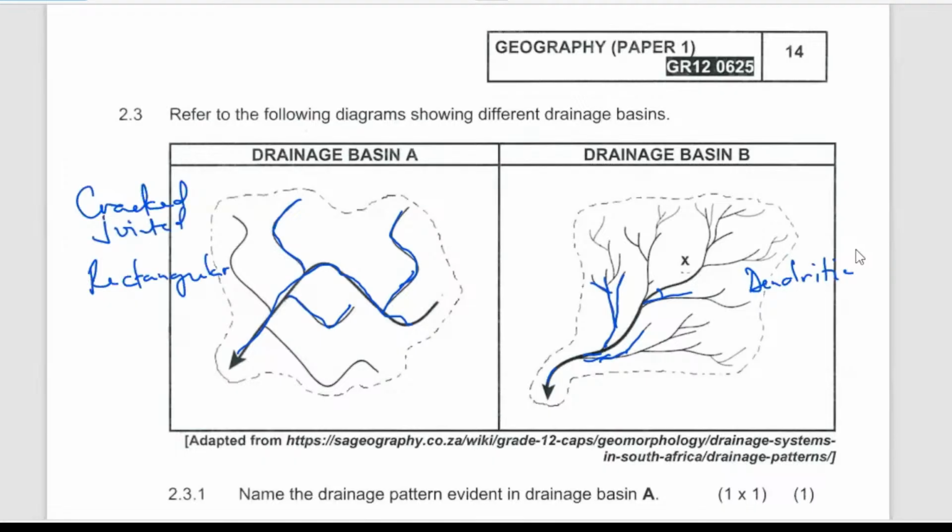The streams follow within the cracks of the rocks, and the nature of the cracks determines the type of flow over the area. They follow the joints or cracks of the underlying hard and resistant rock, such that they end up having a rectangular shape. And here in the dendritic pattern we have rocks of uniform resistance. That is why the pattern forms like that with acute angles.